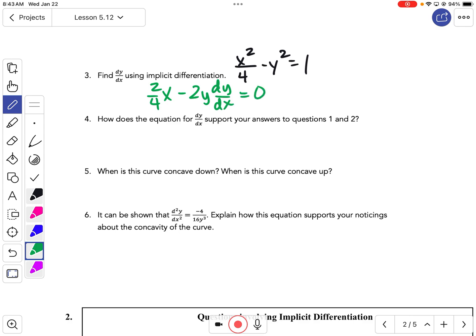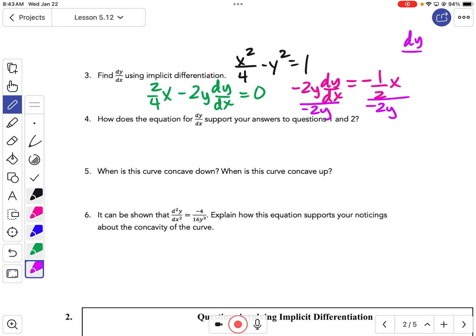That's 1/2 x. I'm going to pull that over, so negative 2y dy/dx equals negative 1/2 x. Then dividing by negative 2y, dy/dx equals positive x over 4y. So there's my derivative.